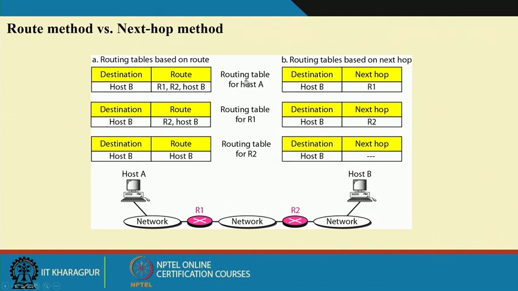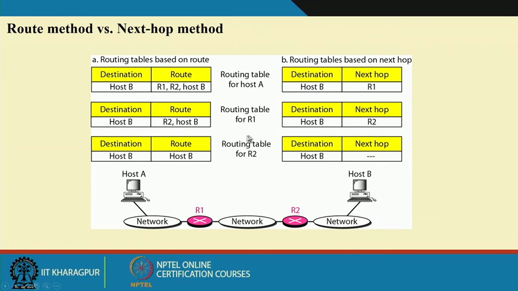In the routing table of host A, in order to go to host B, it says you need to go to router 1. Router 1 says in order to go to host B, router 2 is the next stop.